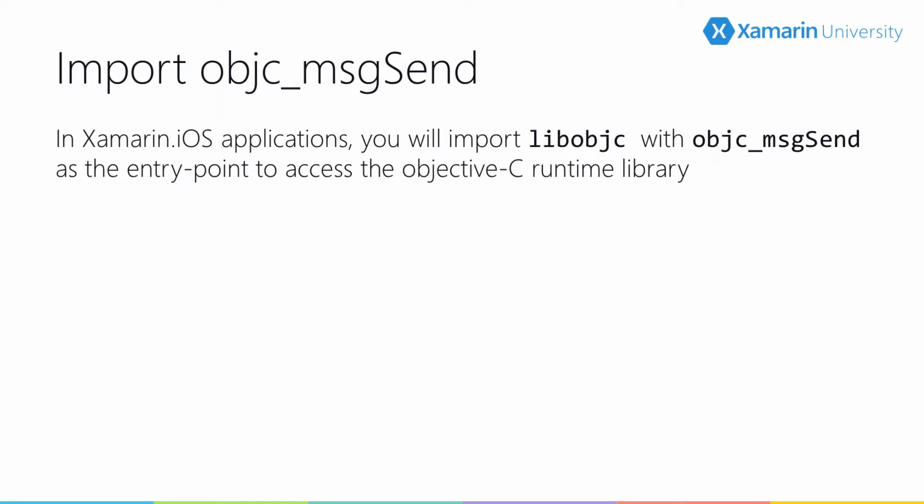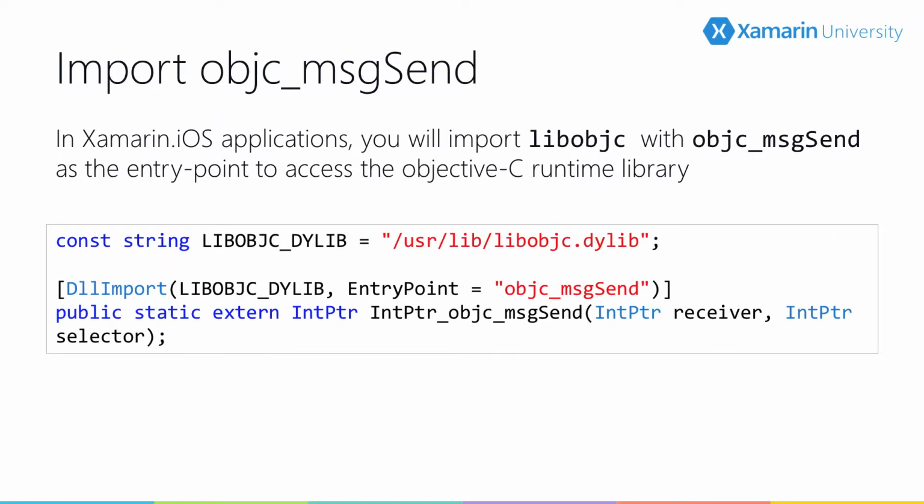Since ObjectiveC message send is not directly exposed in Xamarin iOS, there are two steps you will likely need to take to access it. The first step is for you to create a pinvoke statement. The second step, however, could result in a couple of lines of code. This is depending on the override that you choose for the relevant return type needed.